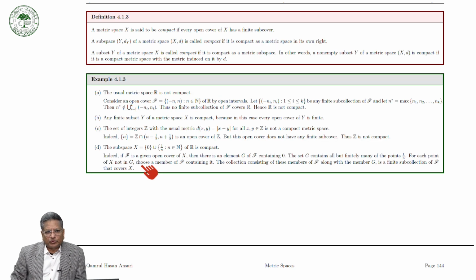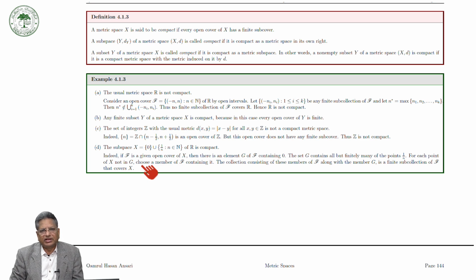Now let's come to the formal definition. So far in the course of real analysis we have studied that every closed and bounded subset of R is called a compact set. But this is not a very formal definition.